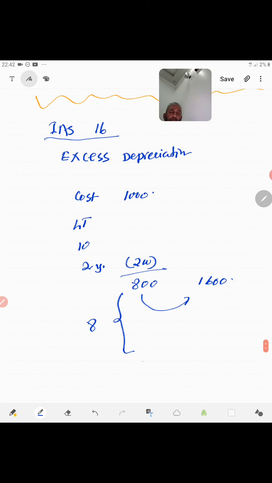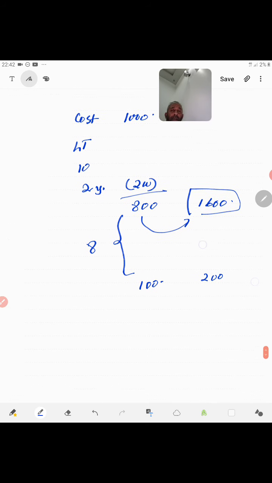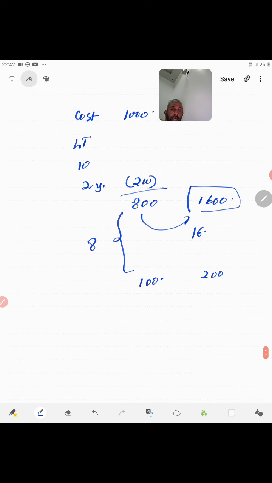So each year depreciation, if I don't revalue, will be 100. But with the revalued amount, my revised depreciation will be 200. That means here 1600 divided by 8 gives 200. So there's a difference of 100 between the previous method depreciation and the post-revaluation depreciation.